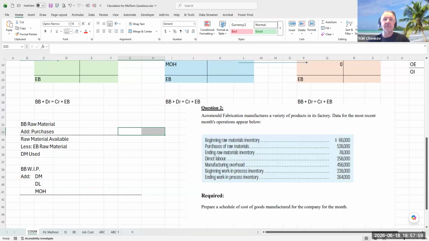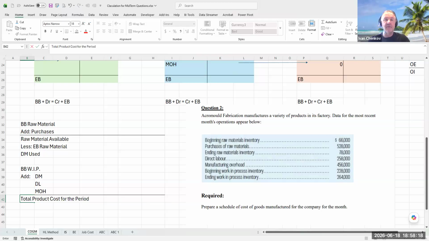Probably I'm going to use everything here. That will be total. First, we're going to get the total product cost. That will be for the period only, and then we're going to get the total cost available to transfer.